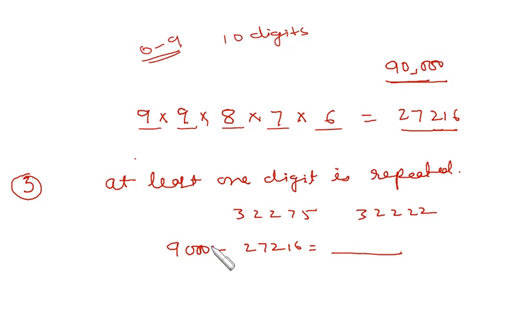Because we have taken all the 5-digit numbers, then we deducted the numbers in which there is no repetition of digits. That means in the remaining numbers there is at least one digit repeated, maybe one, maybe more than one. So 90,000 minus 27216 is 62784, right? So I hope you are clear with this funny, interesting and easy question.